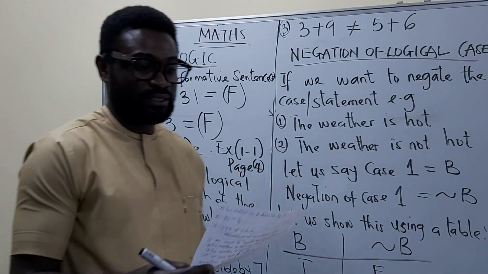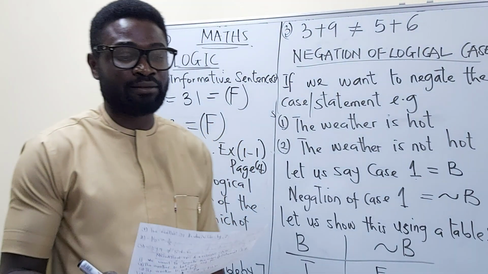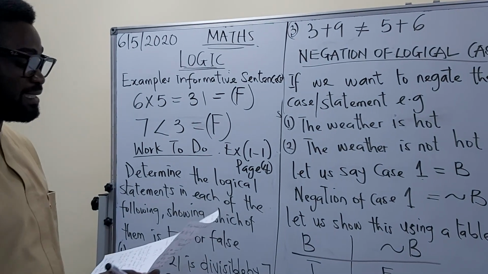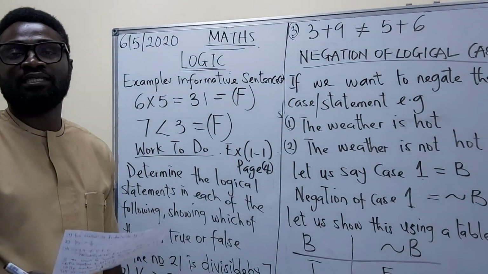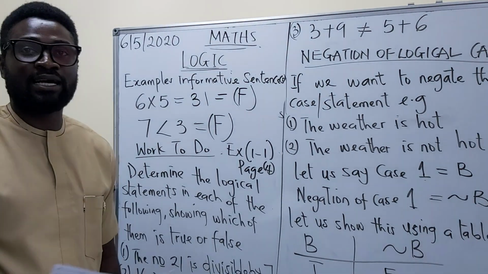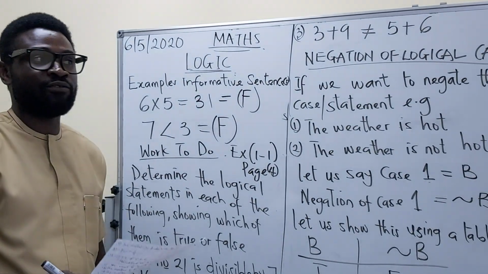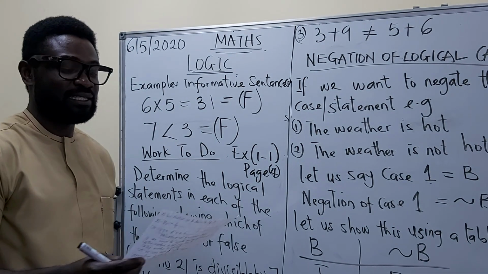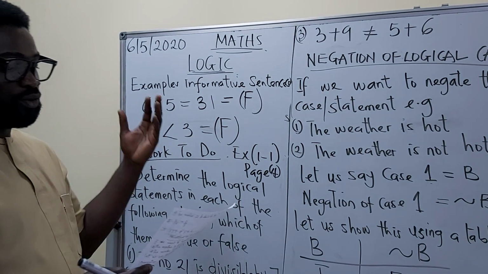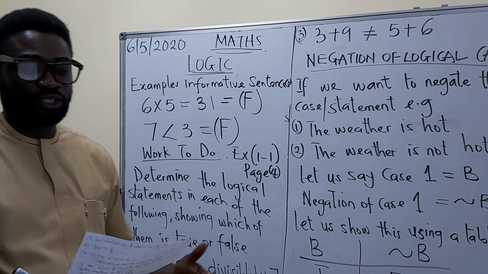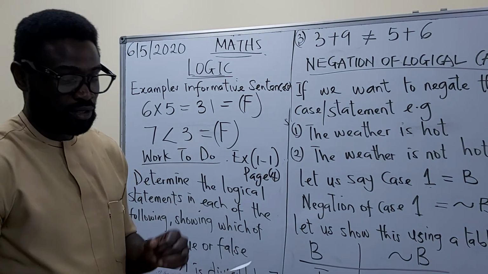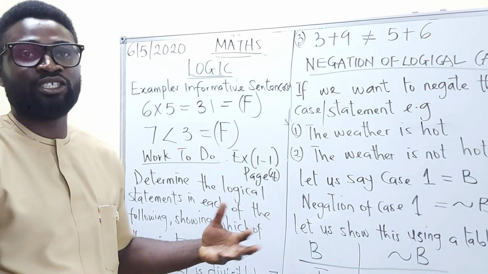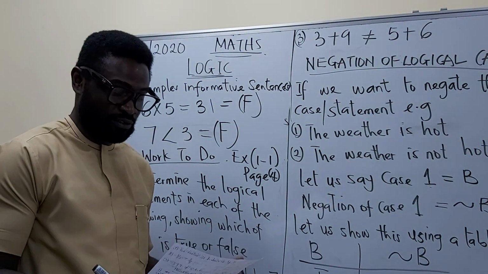These statements are most times in form of A or B. We spoke of language sentences which can be divided into two. It's either a statement is informative or non-informative. Informative sentences are the type of sentences which can be judged as true or false. Non-informative are the ones that ask questions. It means you cannot judge them as true or as false.